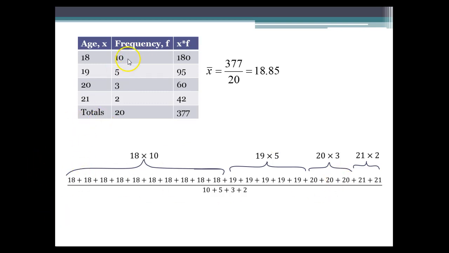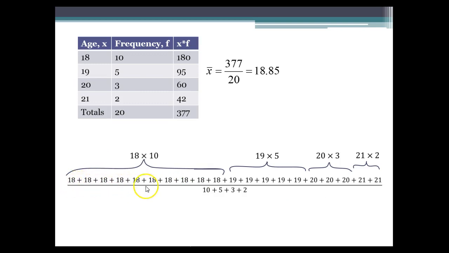So there are 10 observations in the data set that were 18. So if I wrote 10 18s, 5 19s, 3 20s, and 2 21s, I could take the mean of those using just the regular sample mean formula.